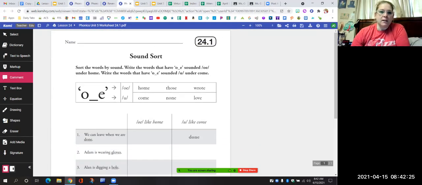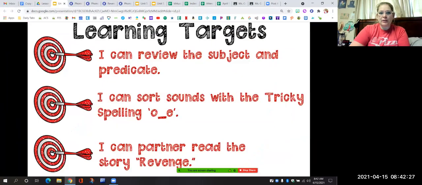All righty. So our learning targets for today were: I can review the subject and predicate. I can sort sounds with the tricky spelling O consonant E, and I can read the story Revenge.